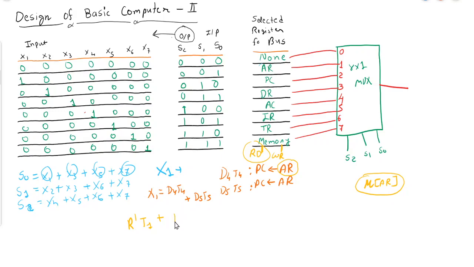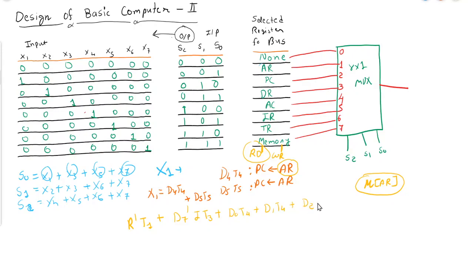Next is D7 dash, which means memory reference instruction, I means indirect addressing mode, and T3. Here we read the effective address of the operand using indirect addressing mode. Then we have a few more transactions like D0 T4, which means AND instruction, and D1 T4, which means ADD instruction, where we read the operand from memory in both cases.